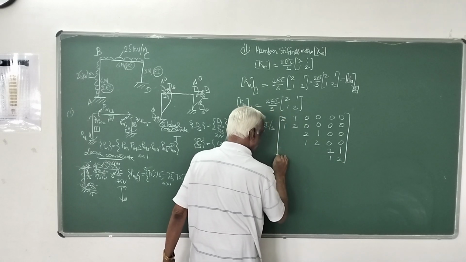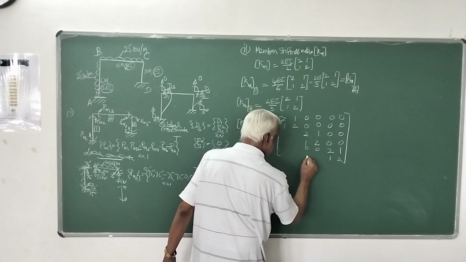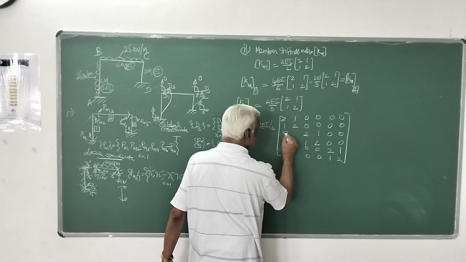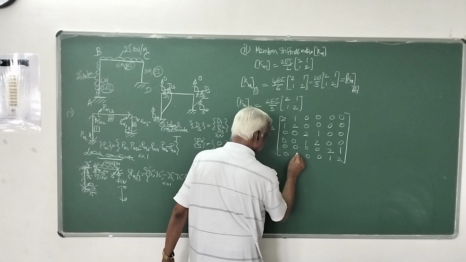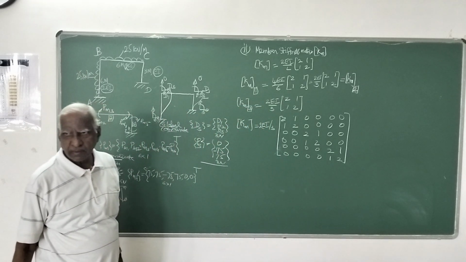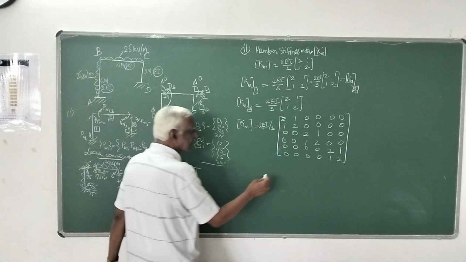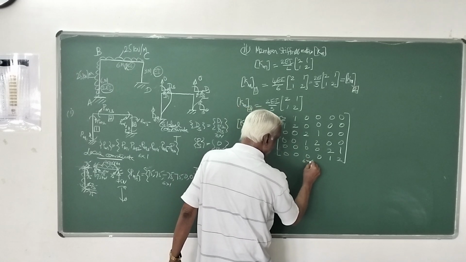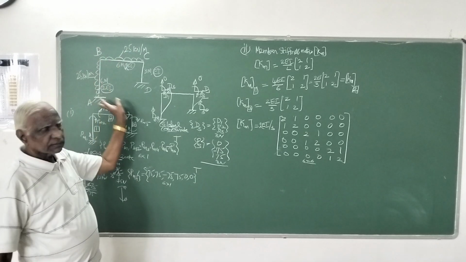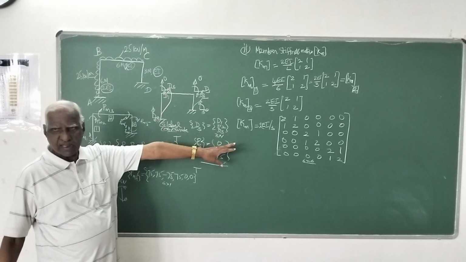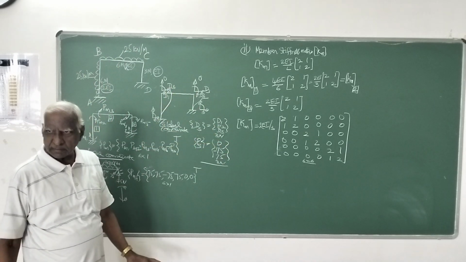So diagonally you write this stiffness matrix for the entire structure like this. It is a 6 by 6 matrix totally for the entire structure.